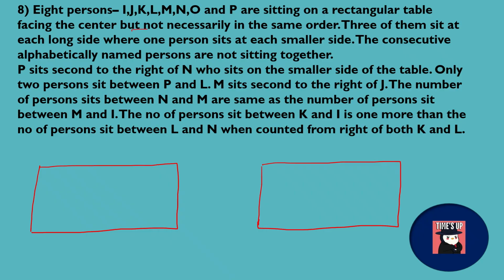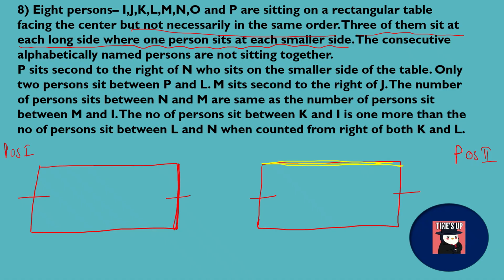Facing center but not necessarily in the same order. Three of them sit at each long side where one person sits at each small side. Only one person is sitting at the small side. This is possibility 2. This is possibility 1. This is the small side and this will be the long side of the rectangle, correct?